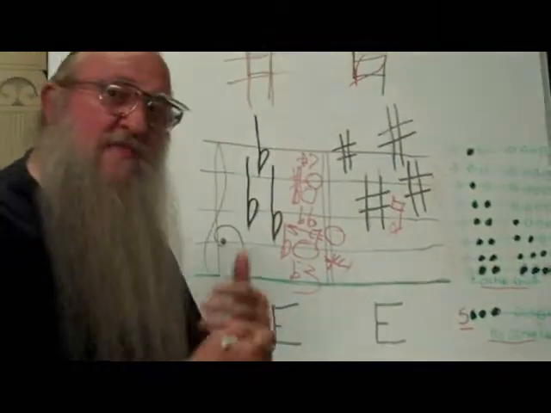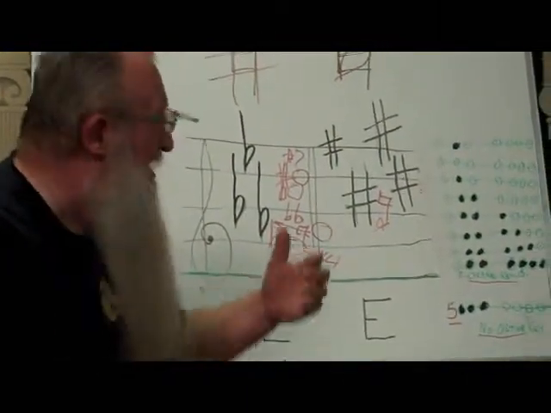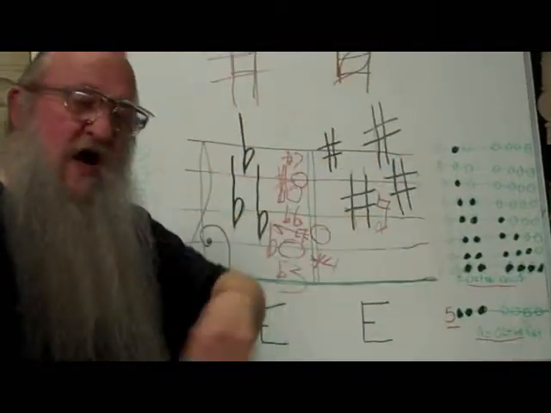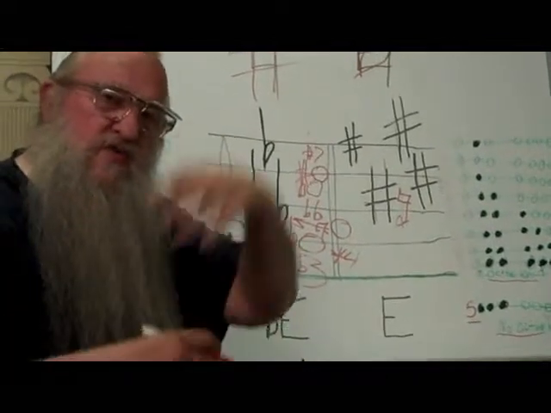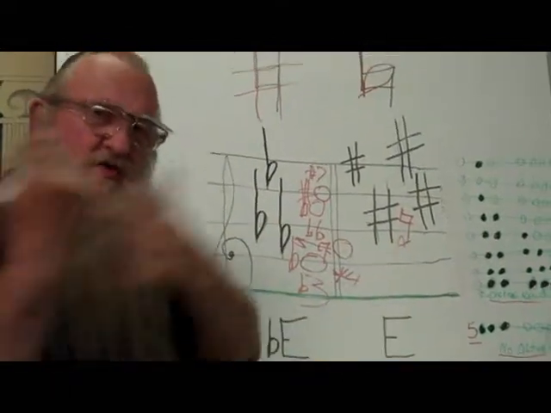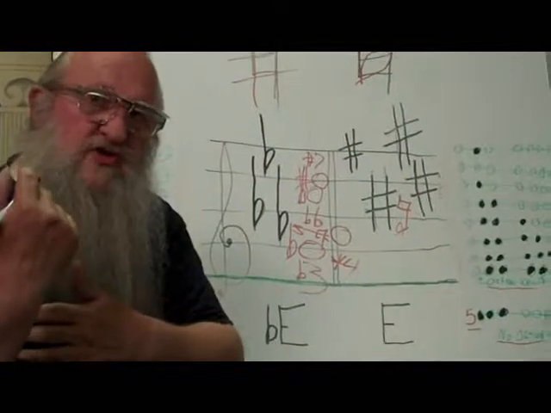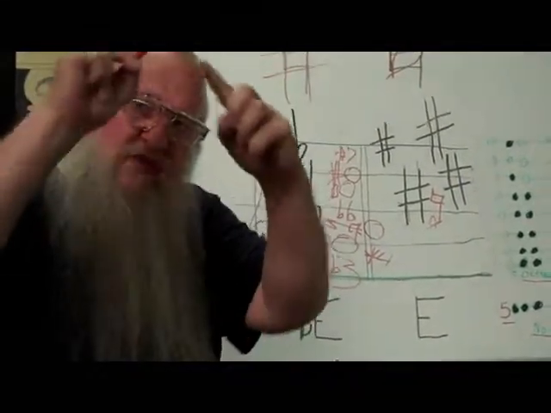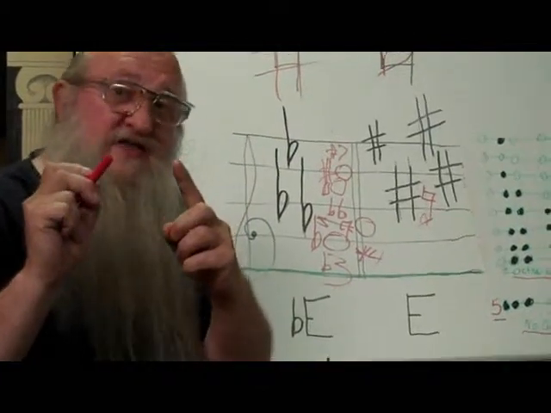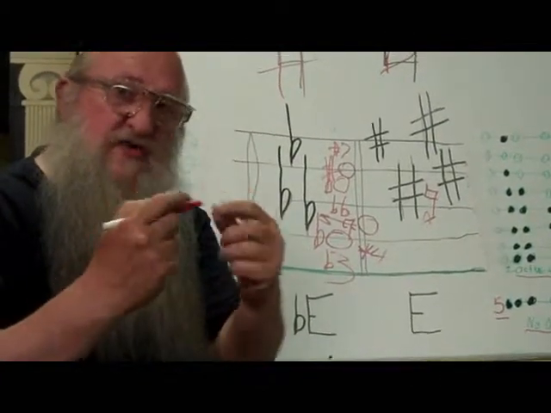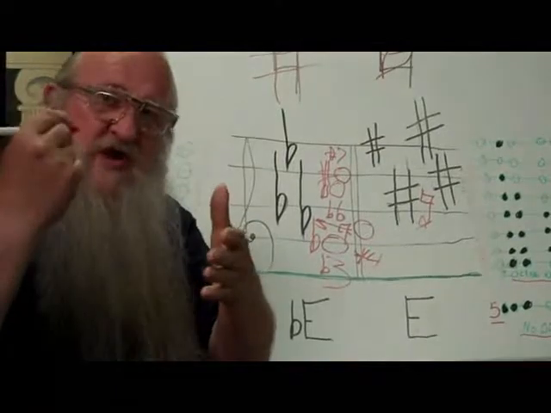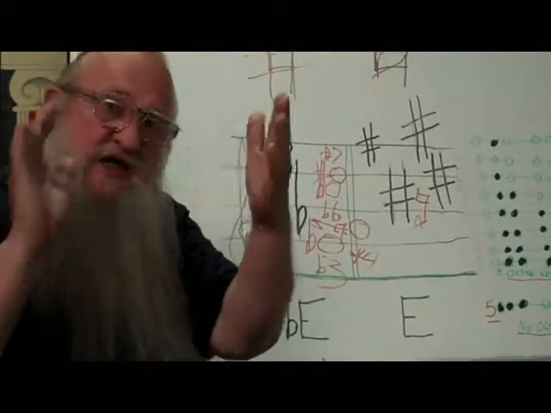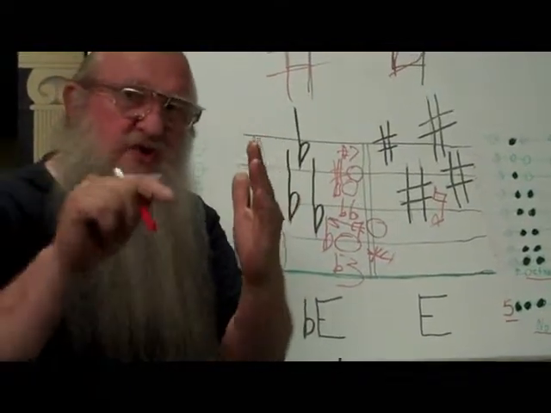Again, the other problem with them is that quite often those neutrals are indiscriminately used to remind you later on in the music that there was an accidental 2 or 3 measures before, and those are nags. So I put parentheses around the ones that are nags. If I have an F sharp, and then I put the neutral in, and it's within the measure boundary, that's a real neutral.